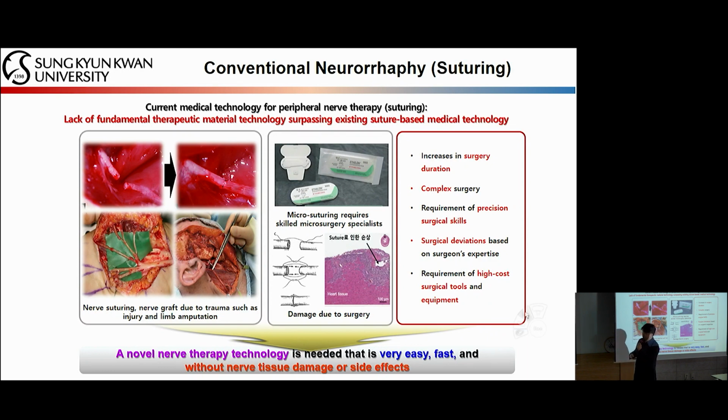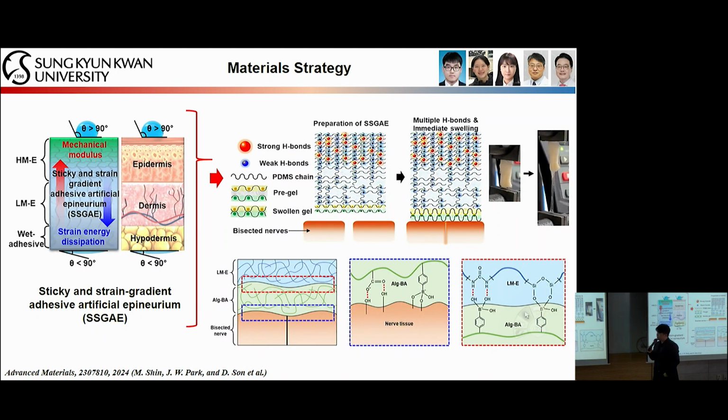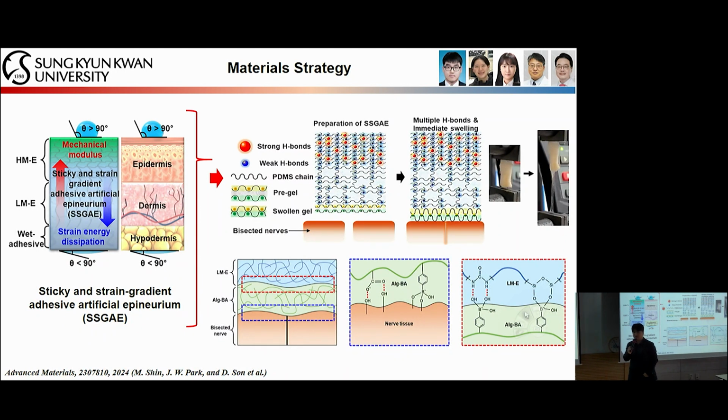So, in light of these limitations, we need a novel nerve therapy technology that is fast and speedy, and without causing nerve tissue damage or side effects. So, recently we developed a new material strategy for achieving sutureless neurorrhaphy.